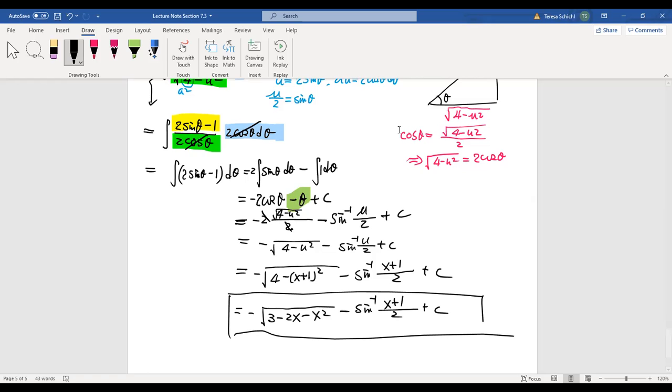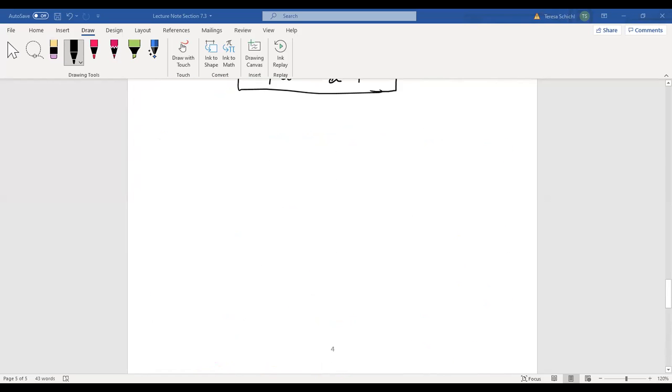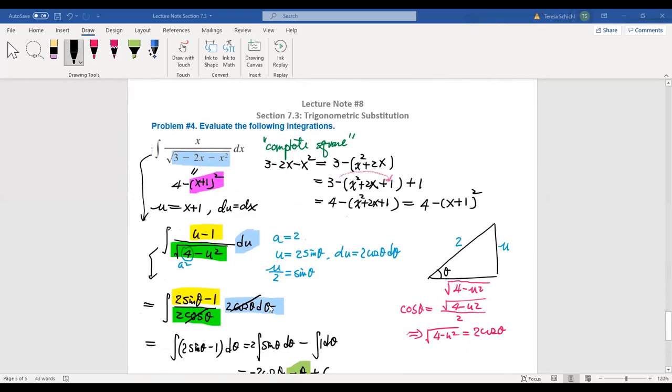So we did 3 problems about how to use trig substitution. The first 2 problems are pretty straightforward; you just follow the format. For the third one, we need to be a little more careful, because the expression inside the square root doesn't exactly match the format of our formula.